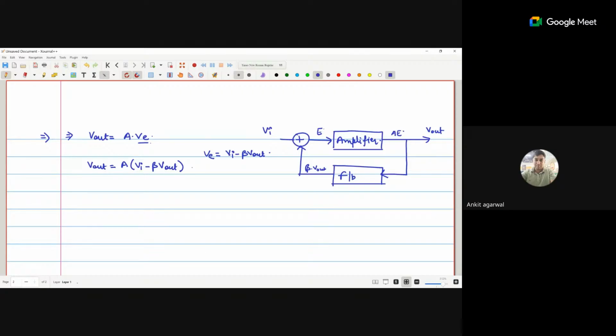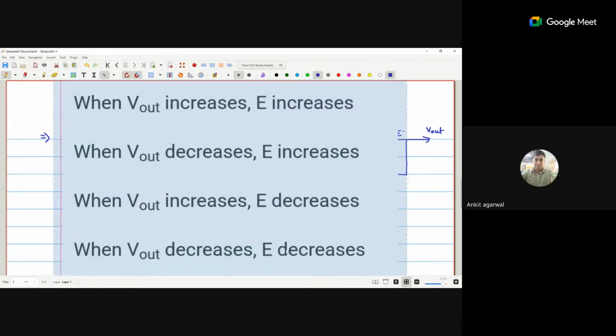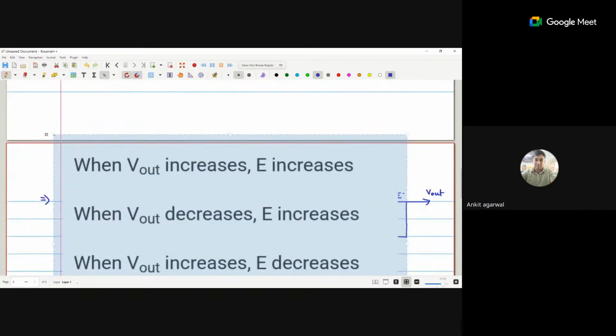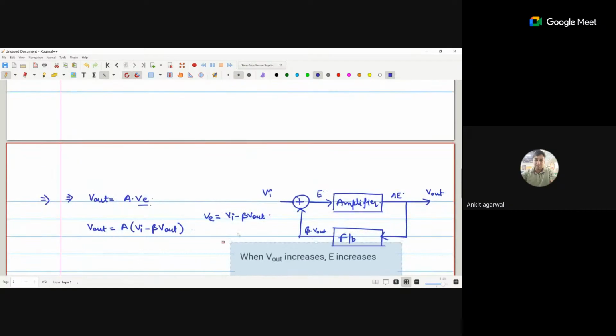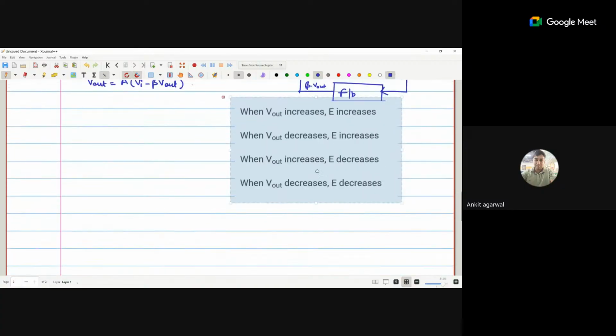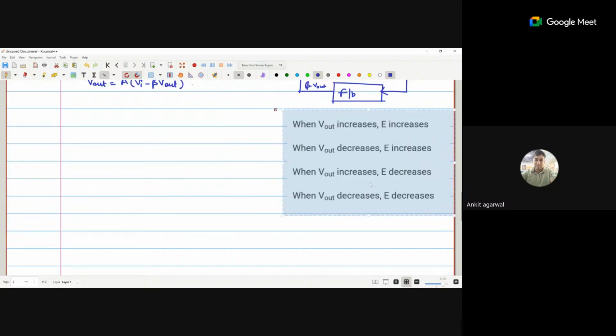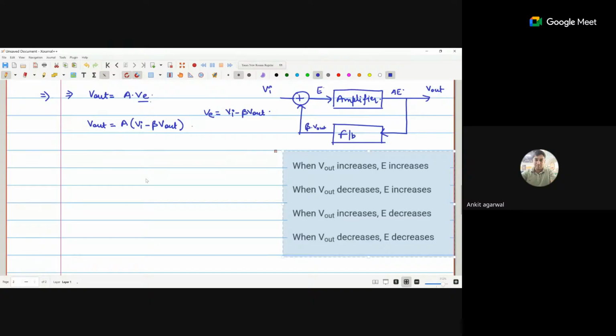Now the 4 options are given for that one. I will just copy and paste the 4 options. Okay.